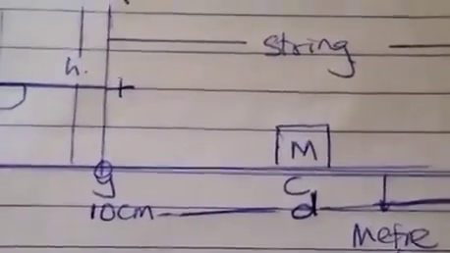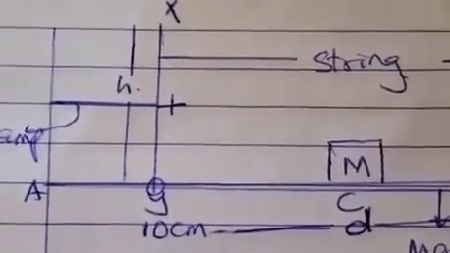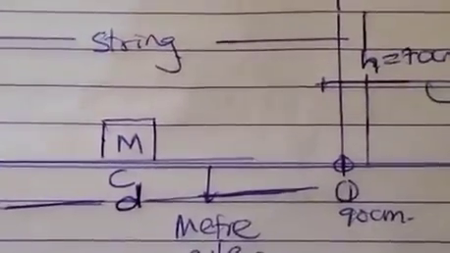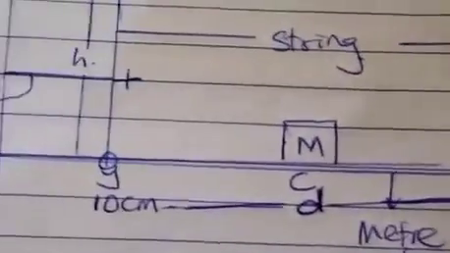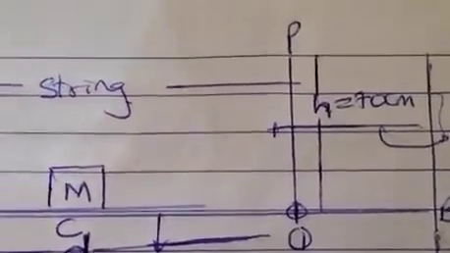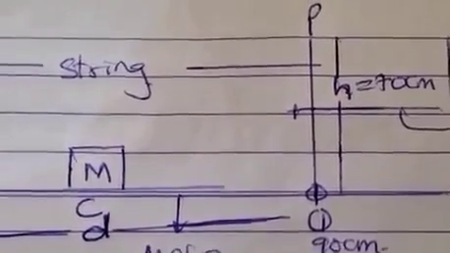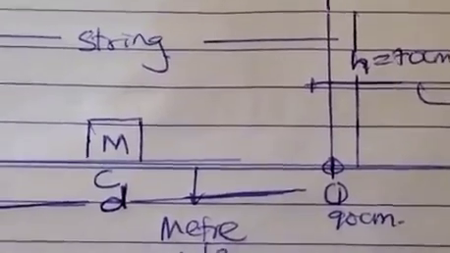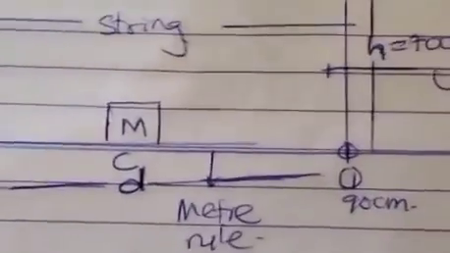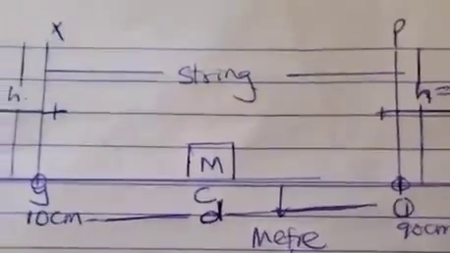The point Y is the 10 cm mark, where the meter rule is held by the string SY, and Q is the 90 cm mark, where the meter rule is held by the string at Q. The distance between Q and Y, that is 10 to 90 cm, is represented using the letter D, and that distance is 80 cm.